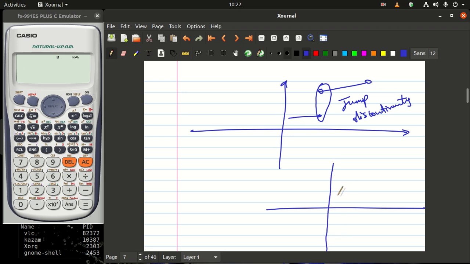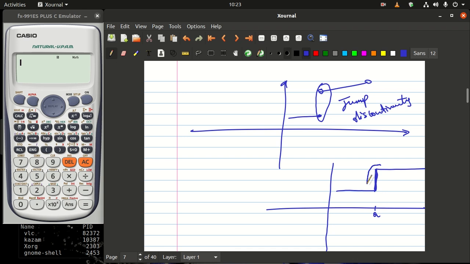this one is usually confusing so many people because I have something that is moving like this and then it goes like that. If, let's say, you look into this point A here, I have infinitely many outputs at this point. So this is not even a function to begin with.